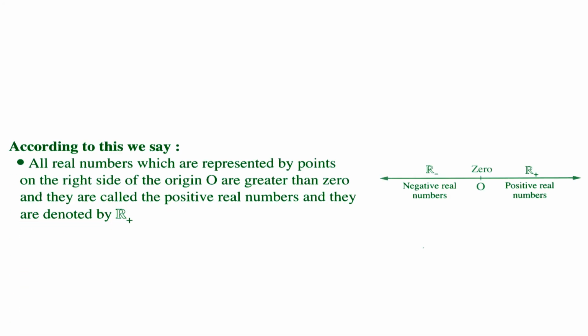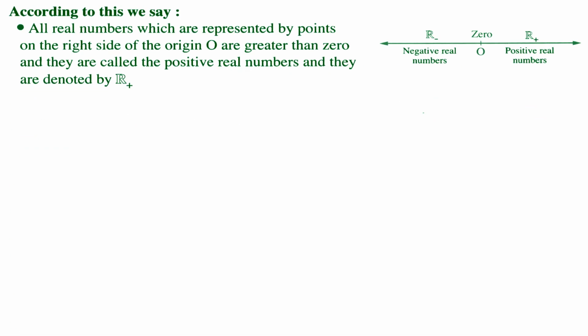According to this, all real numbers which are represented by points on the right side of the origin O are greater than 0, and they are called the positive real numbers, and they are denoted by R positive.